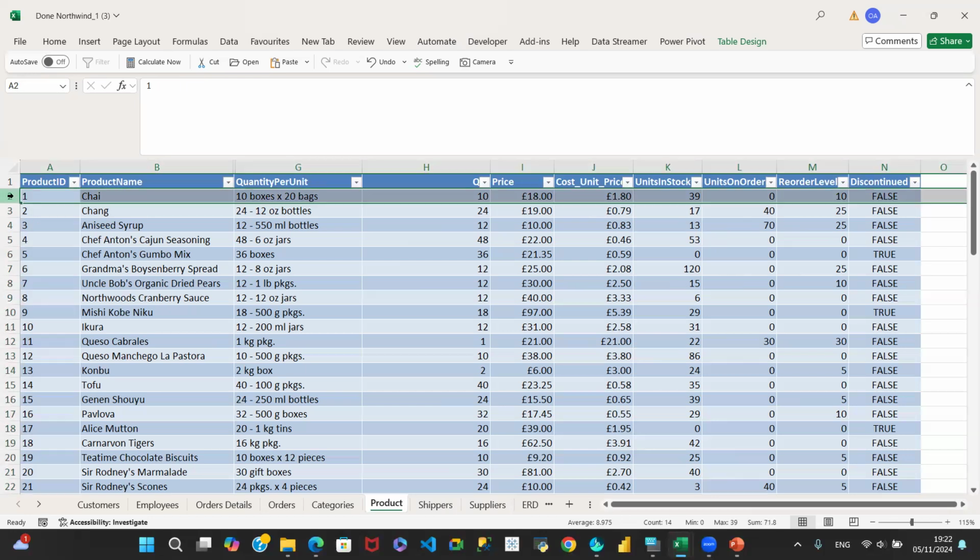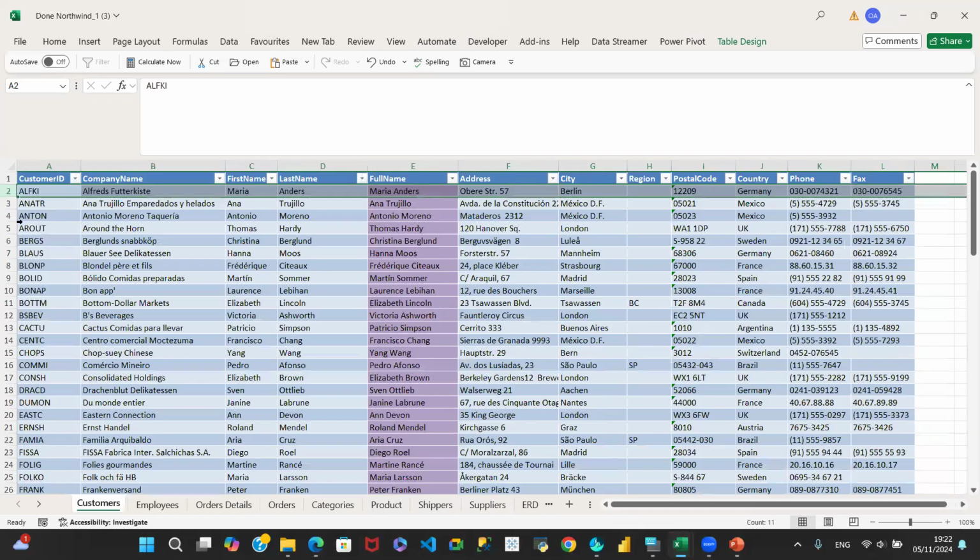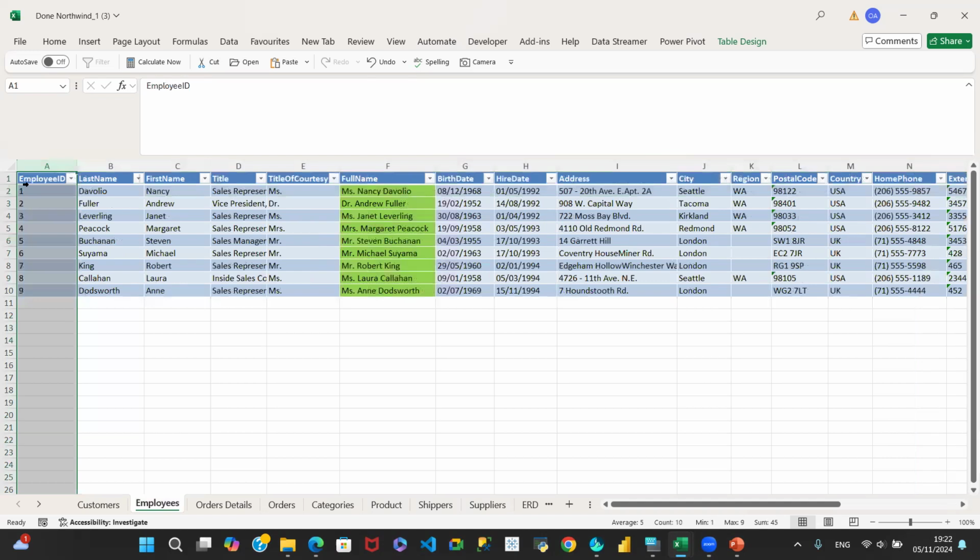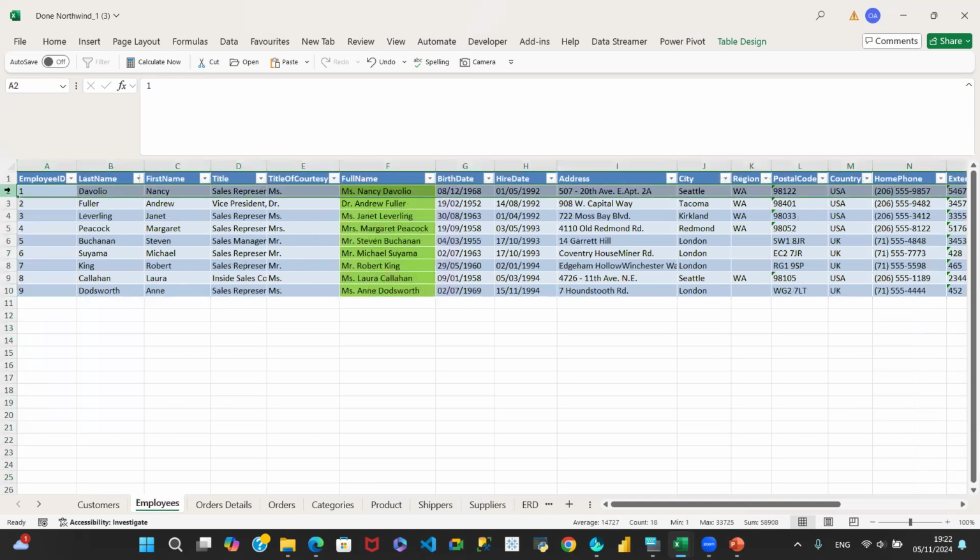I want to try and bring it all together now. The customer 1, Alfki, with this customer ID, has been served when they came into the store to buy something. They've been served by, let's say, Davolio with employee ID 1.